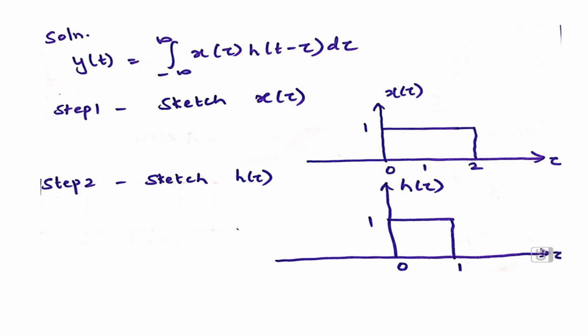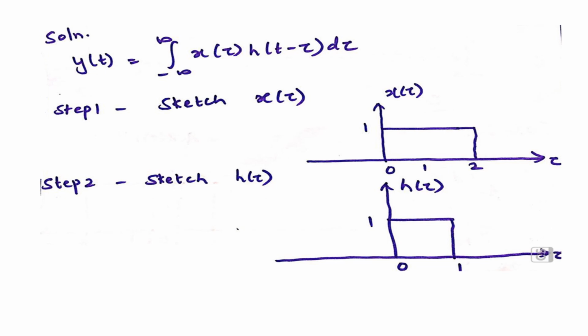The basic primary step is to first sketch x of tau. So in the earlier slide we have discussed it's a rectangular pulse which is defined between the interval 0 to 2, of amplitude 1 and 0 elsewhere. So we have changed to a dummy variable called tau and we have sketched the signal x of tau. So this is step 1.